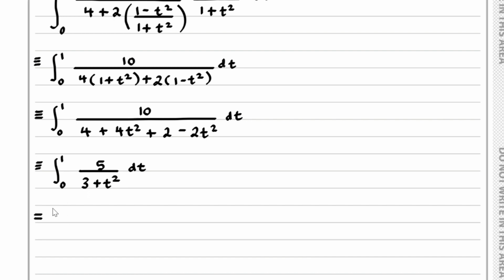So working this out, we've got 5 times by 1 over square root of 3 times by the arctan of t over square root 3.